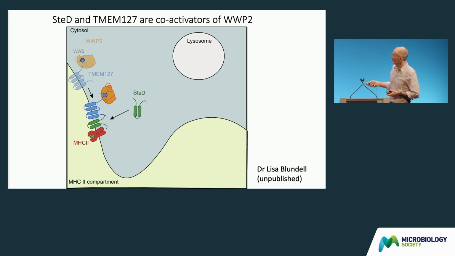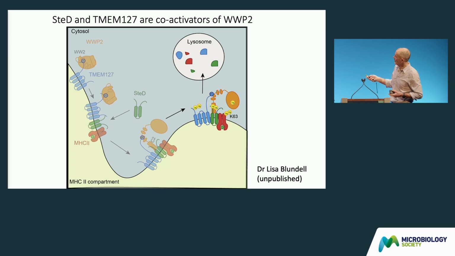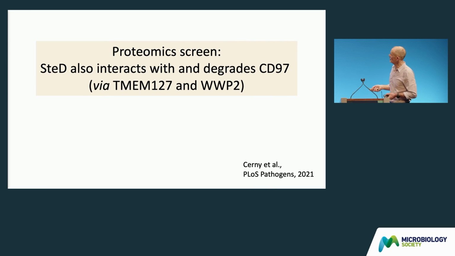In addition to bridging them, and I haven't shown you the data, STED binds an N-terminal region of WWP2, and this together with the PY-mediated binding of TMEM can activate WWP2, and basically all of the proteins in the complex get ubiquitinated, even STD, and then they're degraded by K63-linked ubiquitination in the lysosome.